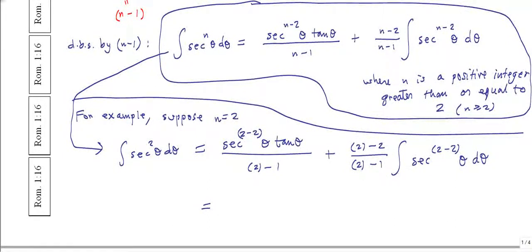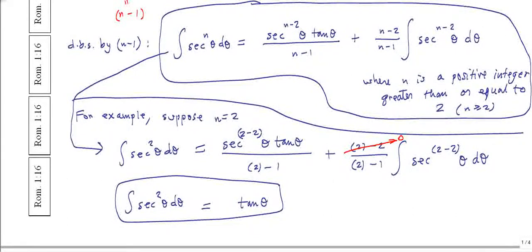And we see that secant to the 2 minus 2 power is just to the 0th power. That means that secant to the 0th power is just 1. We get tangent of theta divided by 1 in the denominator. And notice over here that I get 2 minus 2, and so this is just going to wipe everything else out. So it's exactly what I expected it to be, namely that the integral of secant squared theta d theta is in fact just tangent of theta. And of course we have a constant of integration when I do that.